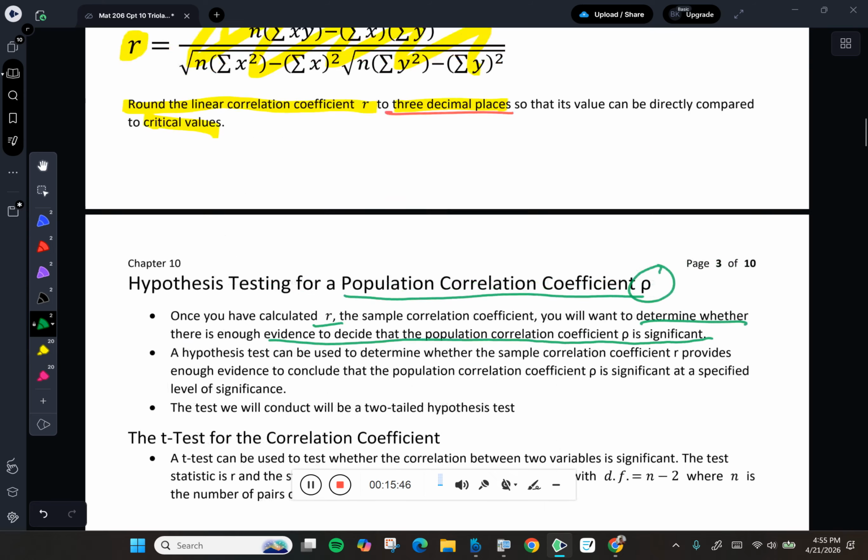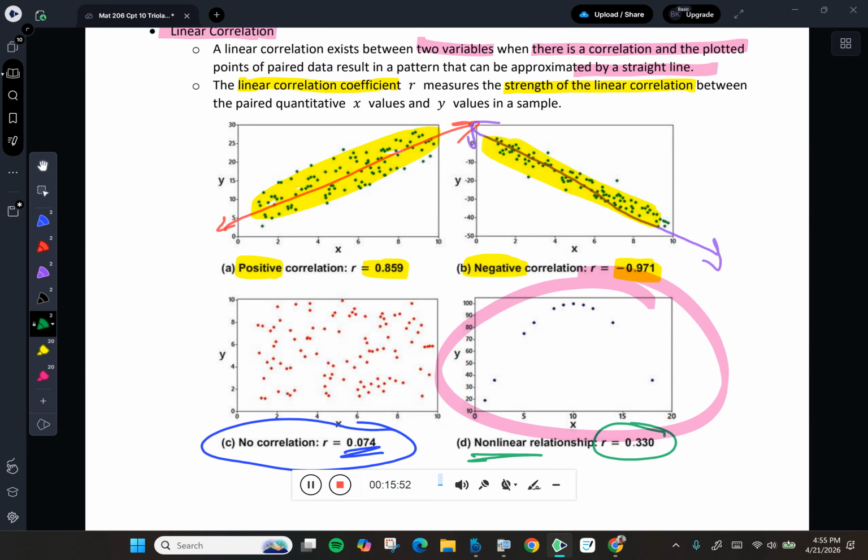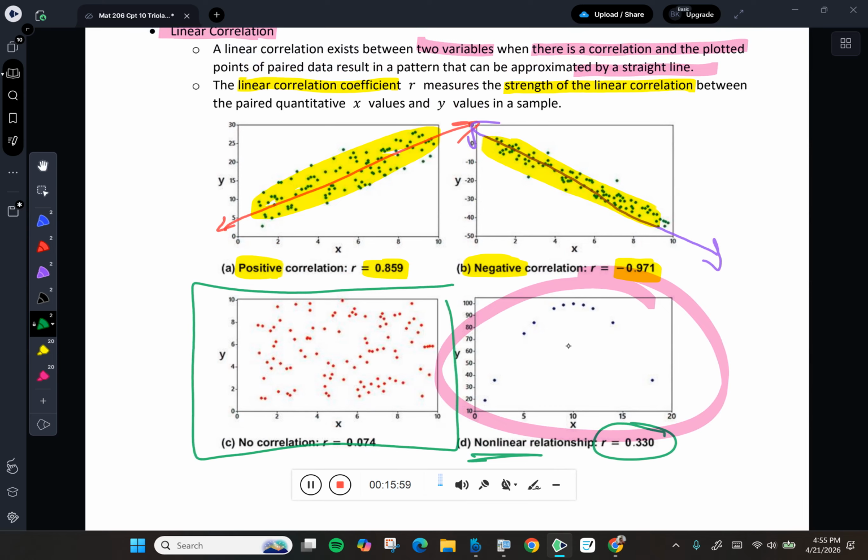So I'm going to go back up here and talk about it again, but with these visuals. Down here, this graph would most likely fail our hypothesis test. What I mean by fail here is that our hypothesis test would show that there is no significant population correlation, that putting a line through this would give us no predictive ability.